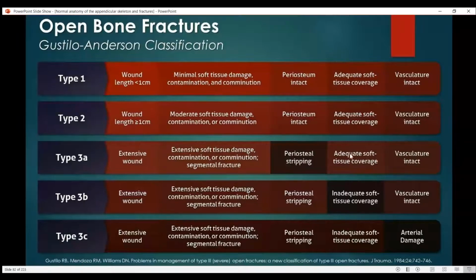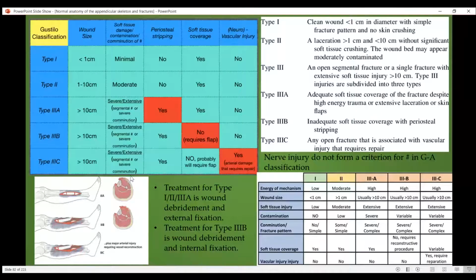Vasculature is intact and soft tissue coverage is adequate in type 3A, whereas type 3C has inadequate soft tissue coverage and arterial damage. That's what you have to remember about this whole table, nothing else. Another thing that might be important is the length of the wounds. So that is the Gustilo-Anderson classification of open fractures.